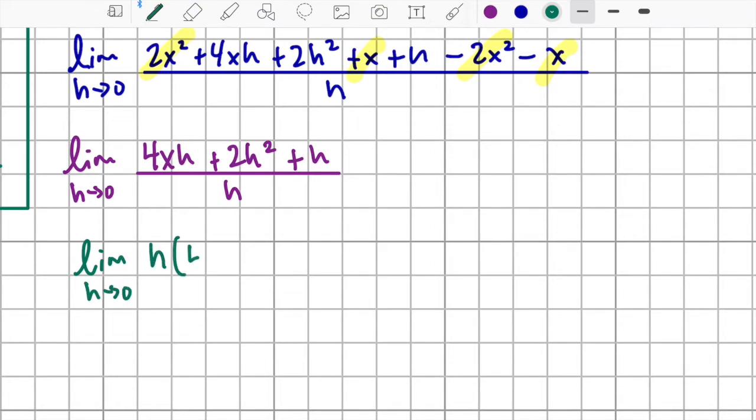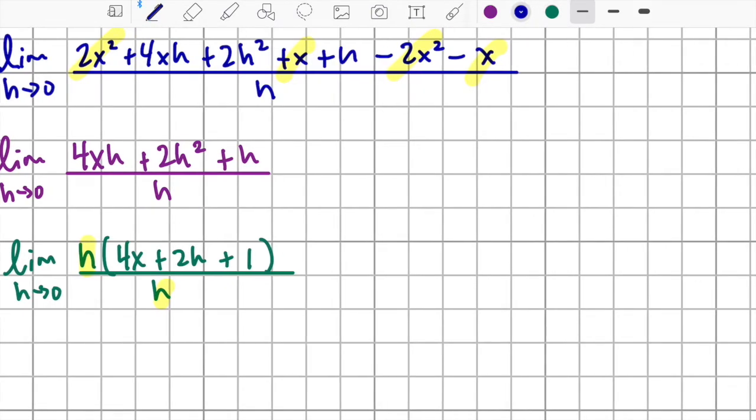If I factor an h, we're left with 4x plus 2h plus 1 over h. So now I can cancel the h's, and we are left with limit as h approaches 0 of 4x plus 2h plus 1.